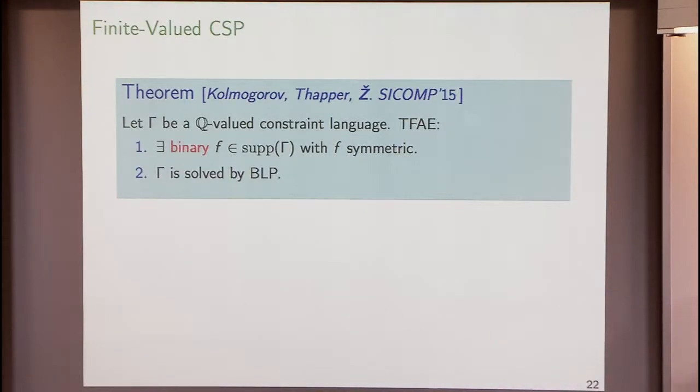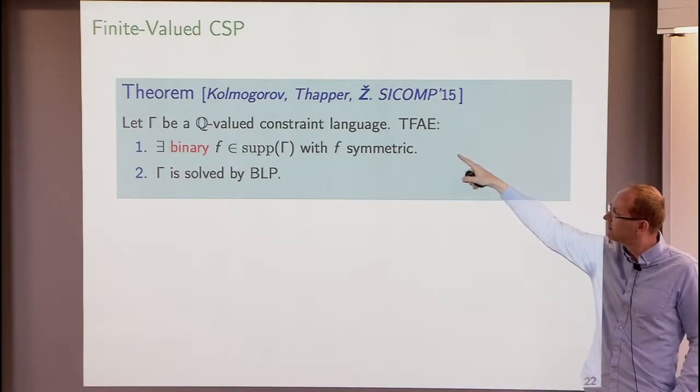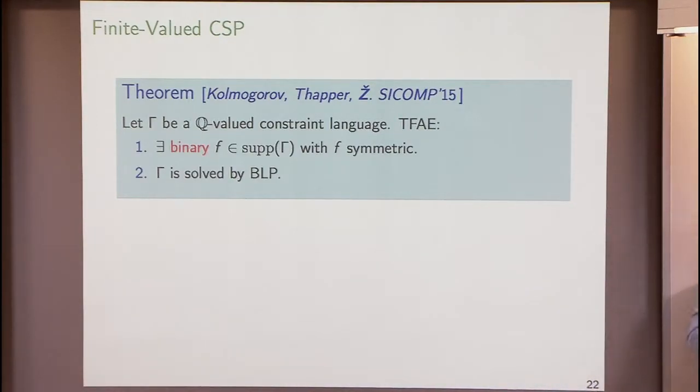So if you focus your attention on so-called finite-valued or Q-valued constraint languages, so no infinities allowed, these are purely optimization problems, then the result from a few slides ago can be strengthened. And then for gamma to be solved by BLP, you only require to have a binary symmetric operation in your support. So not symmetric operations of all arities from 2 onwards, but just the binary one.